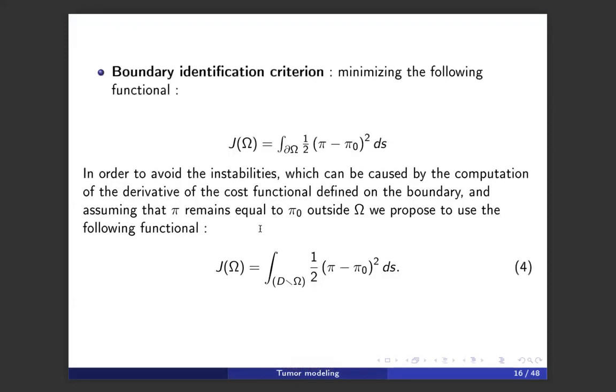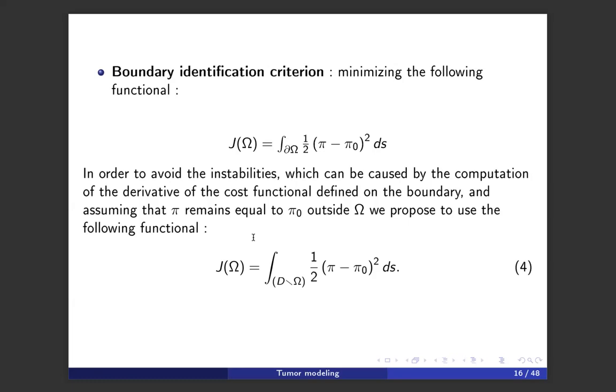And then we can define a functional, G of omega, equal to the integral on the boundary. The goal is to minimize P minus P0. But the computation of the derivative using this expression on the boundary can cause some instability.